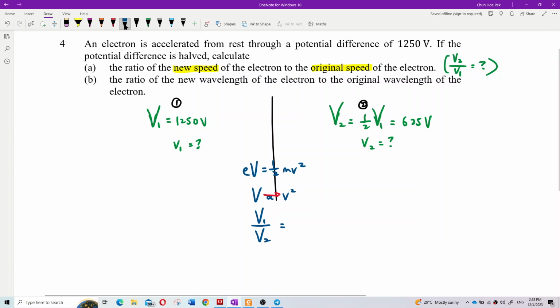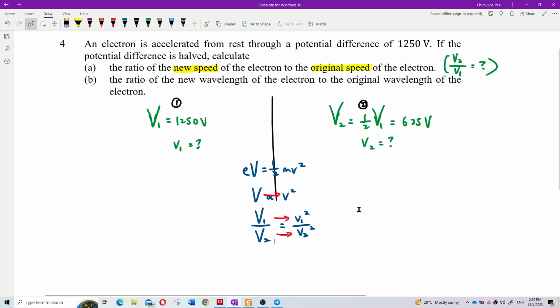So you put v1 square over v2 square also, because voltage and velocity are at the same level. If voltage 1 is at the top, velocity 1 is also at the top, voltage 2 bottom, velocity 2 also bottom.